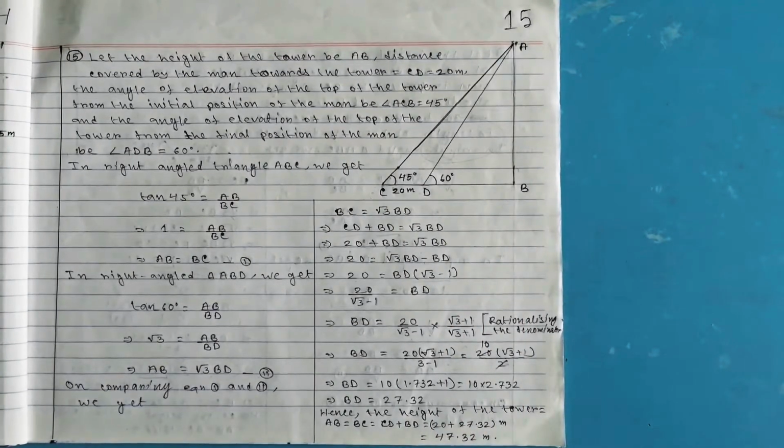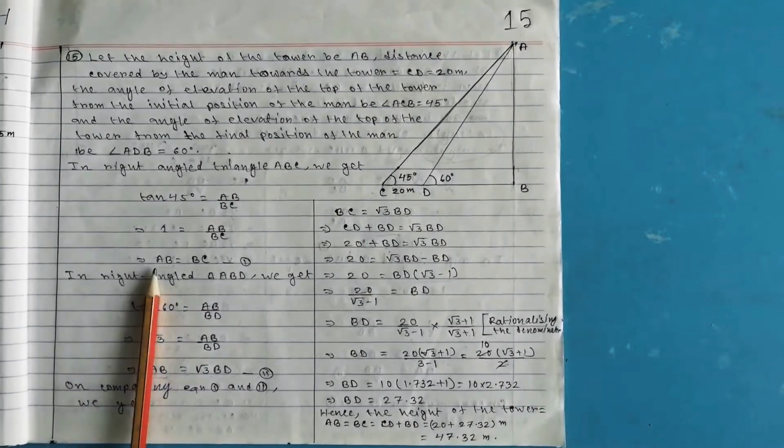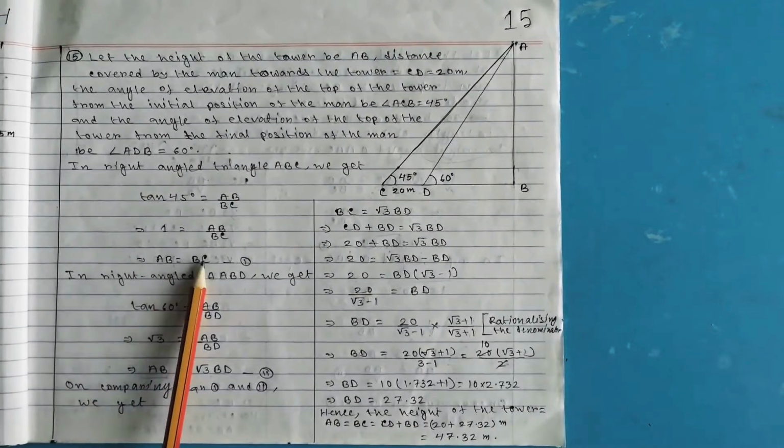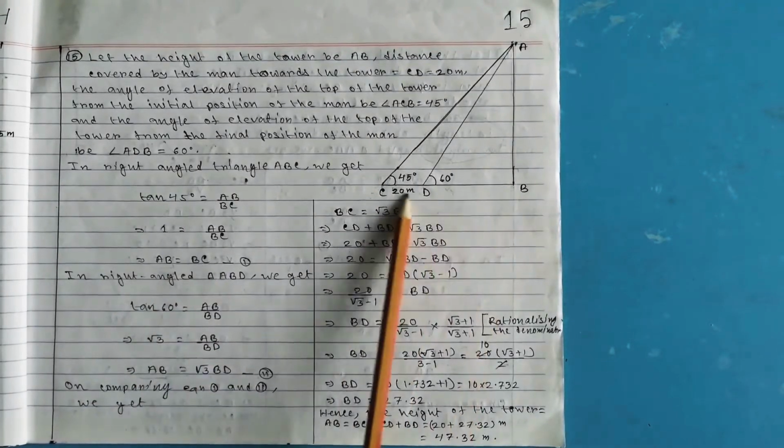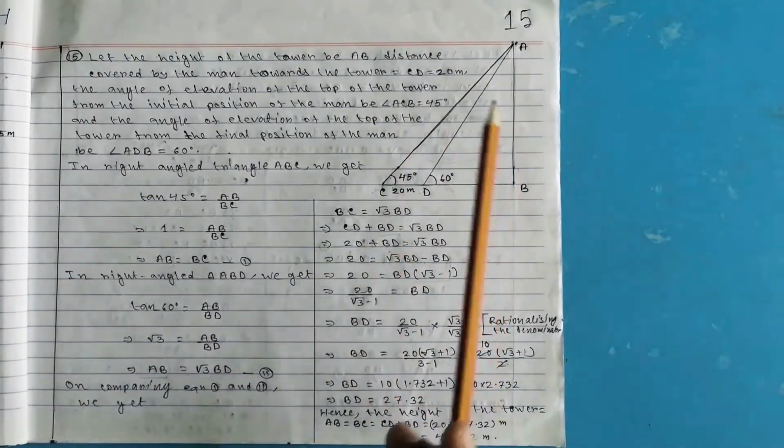Hence the height of the tower. Now height of the tower is AB. But in the first equation you see that AB is equal to BC. So BC will be equal to AB. If you can find BC, then you can find AB easily.